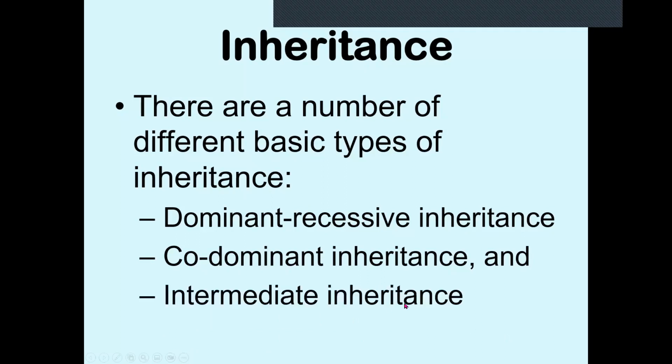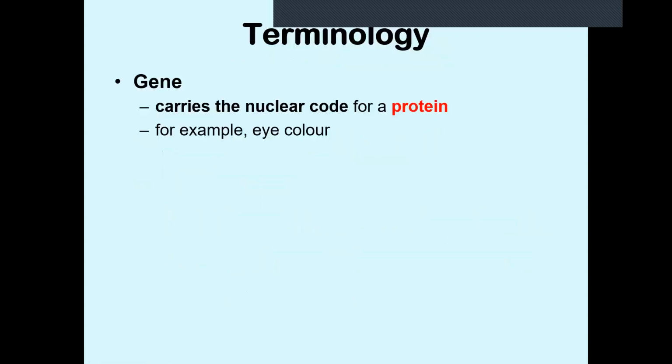And then there's an intermediate inheritance where you get a sort of balancing effect, if you like, of those two bits of information.